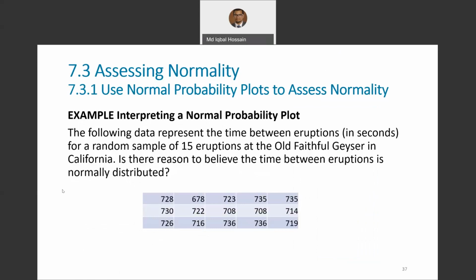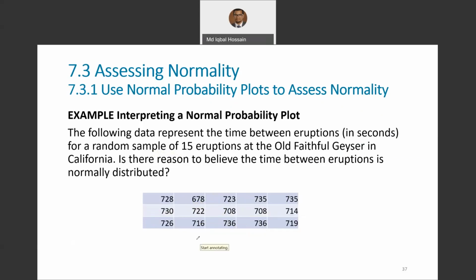If we are using StateCrunch, Excel, or any other statistical software, then we can easily plug those data values in and find out whether the data is normally distributed or not.